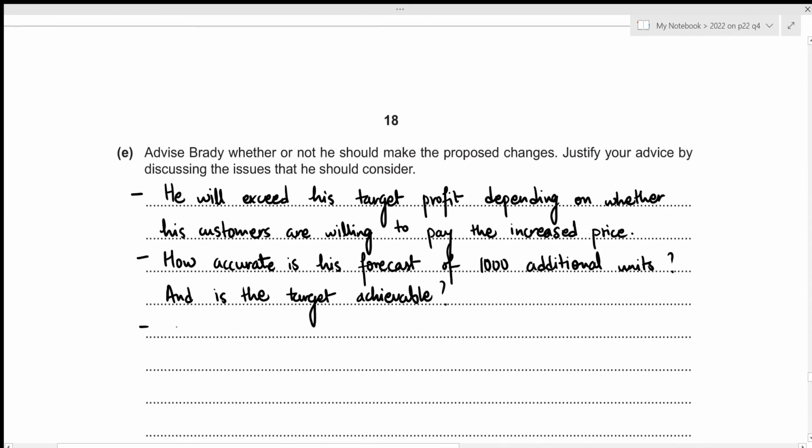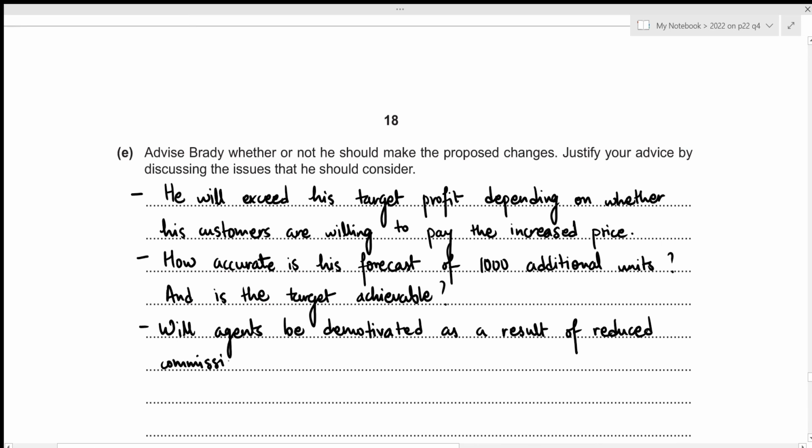Will agents be demotivated as a result of reduced commission rates resulting in a fall in sales?